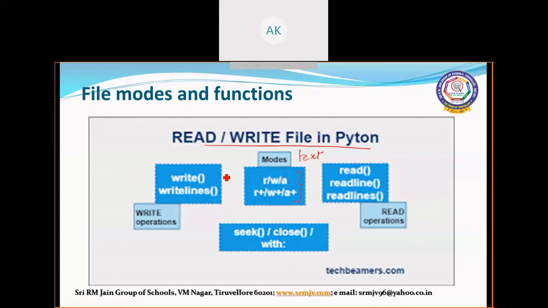Apart from that, we have writelines, which is for writing content into the file, and read and readline, which are some of the functions for reading from the file. We also have seek and close, which are functions associated with the file. So these functions we are going to discuss in the next topic.